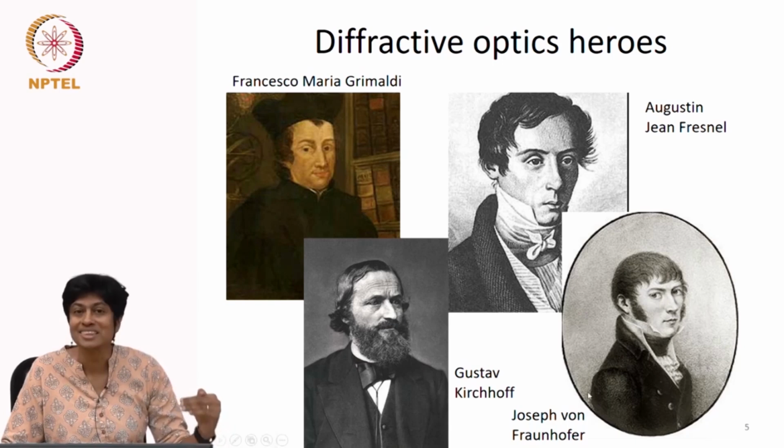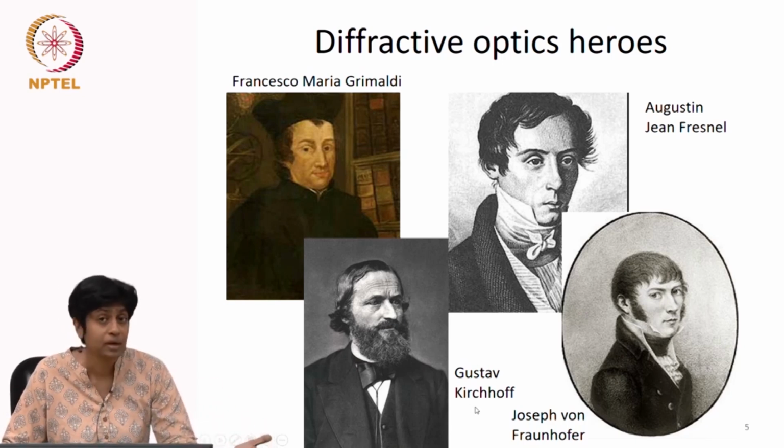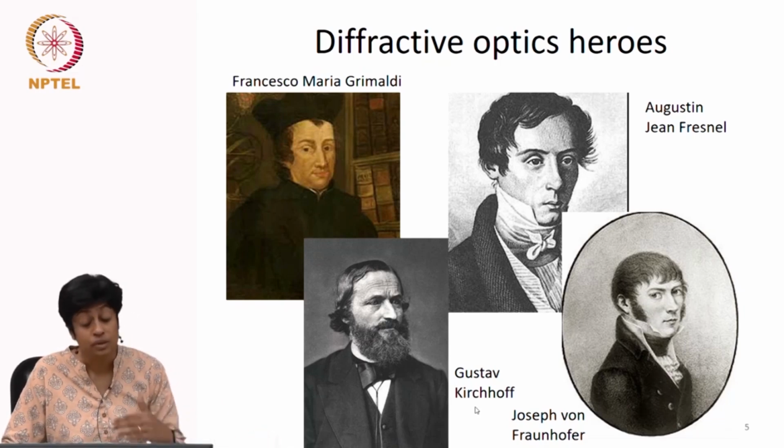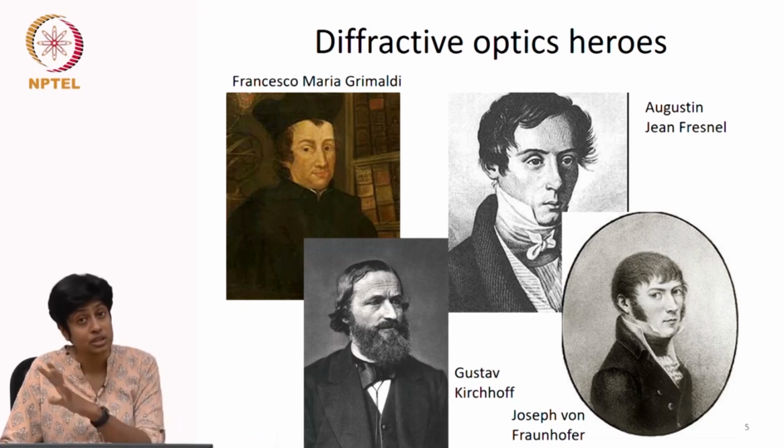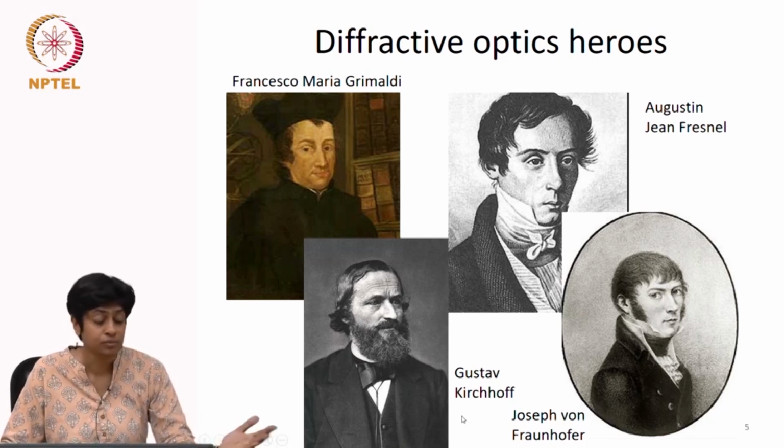They developed many theories of diffraction. And Kirchhoff, if you are an electrical engineering student, you might have heard of Kirchhoff's laws. So he also, of course, did not work just in optics or study electromagnetic waves, but also how voltages and currents in a circuit could be understood or calculated.